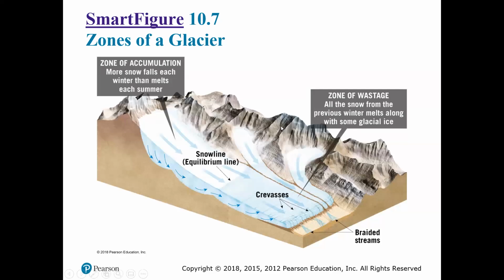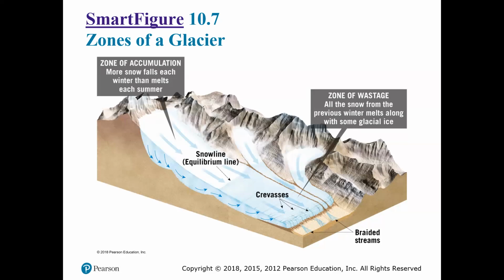So as you learned, glaciers will retreat if we have a disequilibrium in the glacial budget, or the glacier could advance. So when we look at this image here and we look at the zone of accumulation versus the zone of wastage, we have to look at what is the balance or lack of balance between the two.